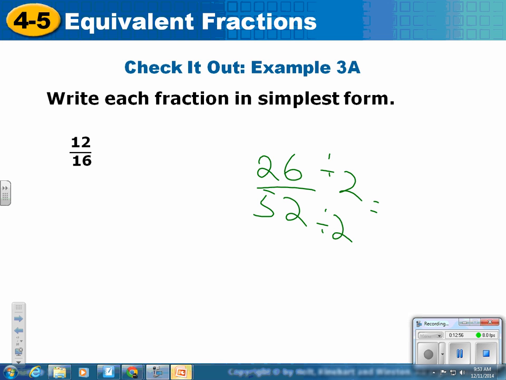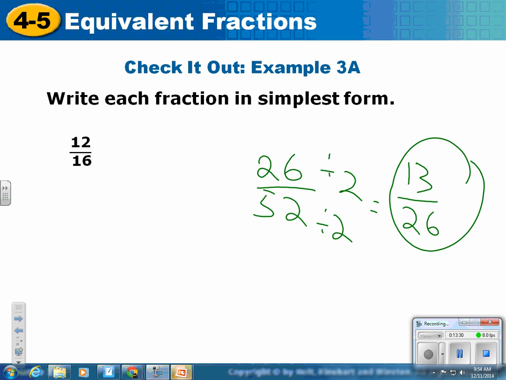And I end up with 13/26. You end up with a prime, odd number on top. A bunch of you are going to go, ooh, there's the answer. We're done. And we already established that 13/26 is not simplest form.